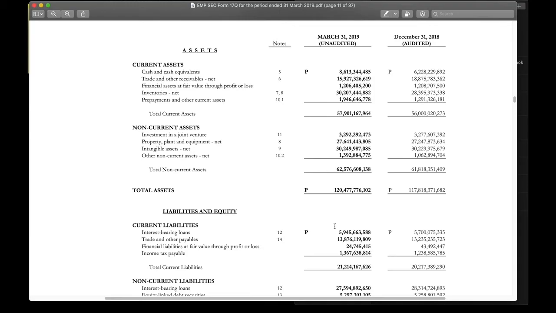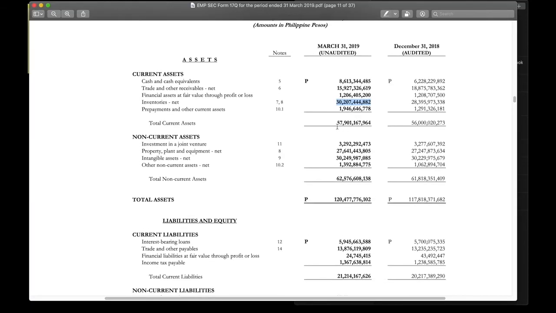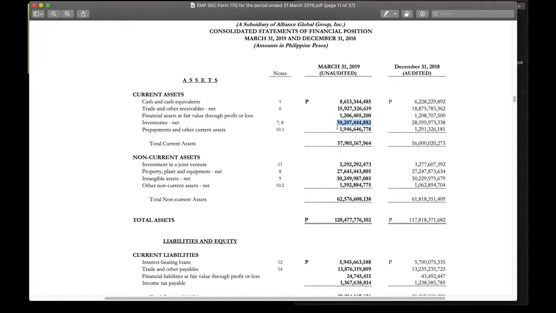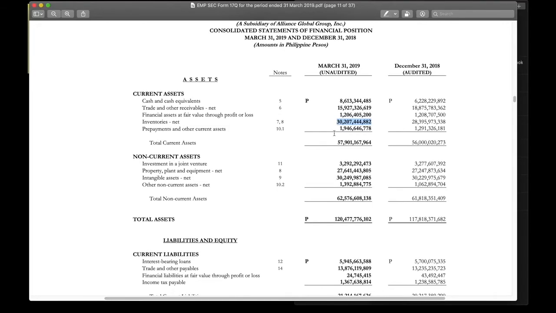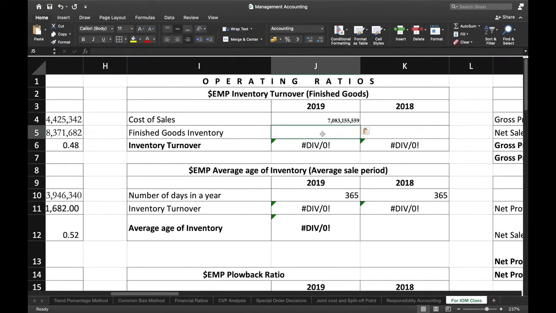So, the average finished goods inventory is this. Inventory is net na. Though, hindi siya average dahil we have only 1 year. So, ito na yung makonsider natin as the finished goods inventory. Yung net na, 30 billion, 207,444. So, ayan. Let's write it here.